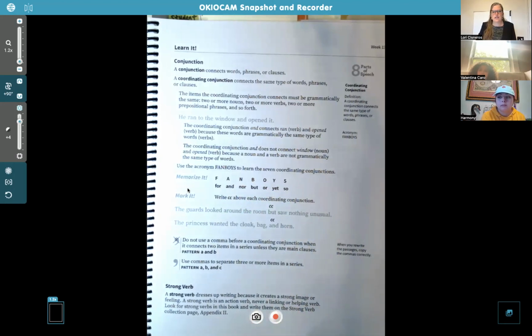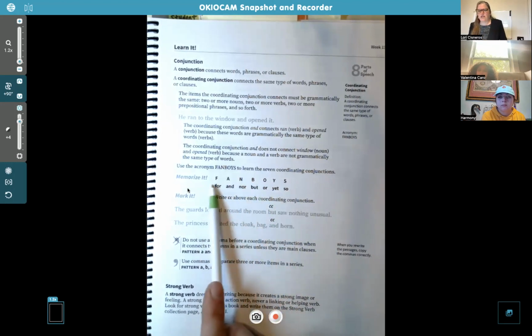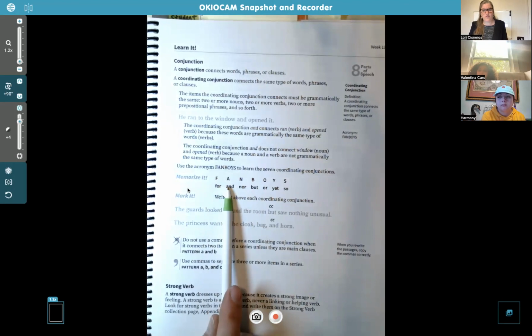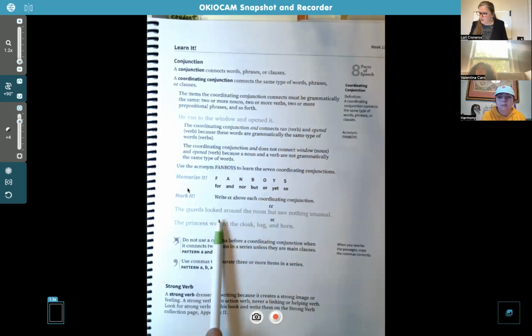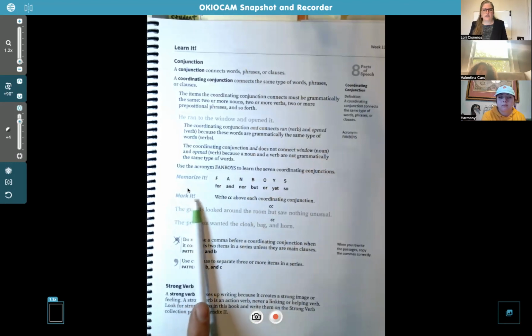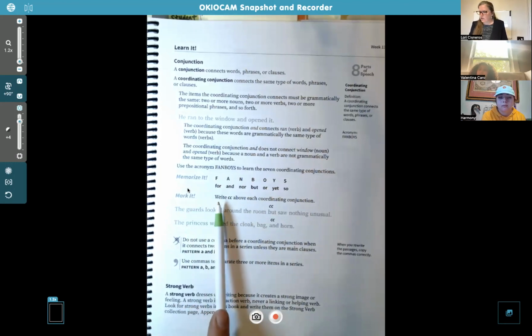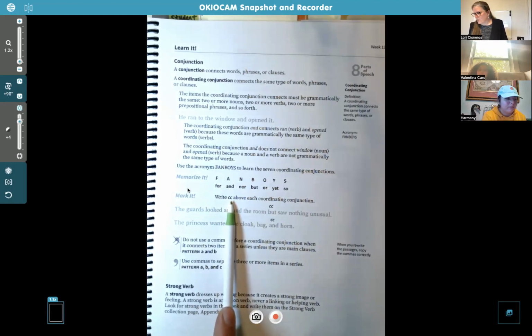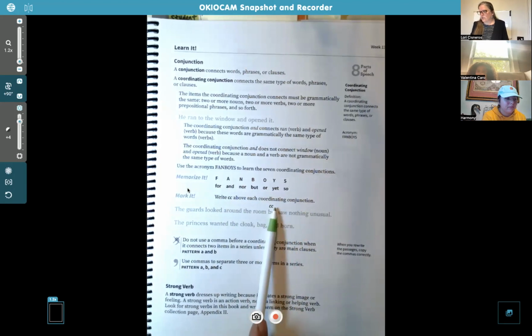Those are the 7 coordinating conjunctions in English. That's all of them. So they came up with this handy dandy word for you to remember, fanboys, to help you remember what those words are. And then when you mark it in this book, you're going to write CC, and CC stands for coordinating conjunction, above each coordinating conjunction.